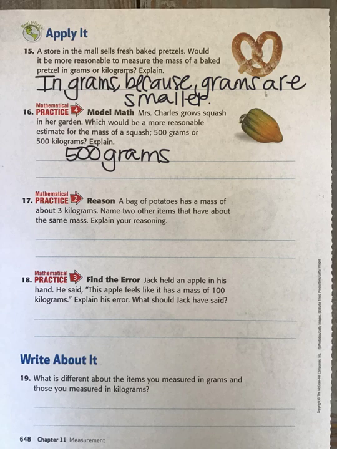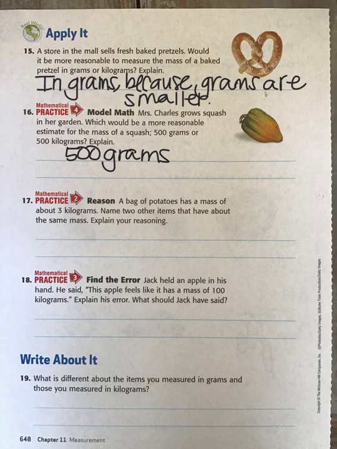Okay, number 17. Reason. A bag of potatoes has a mass of about 3 kilograms. Name 2 other items that have about the same mass. Explain your reasoning. So let's think about what would be the same weight as a bag of potatoes.